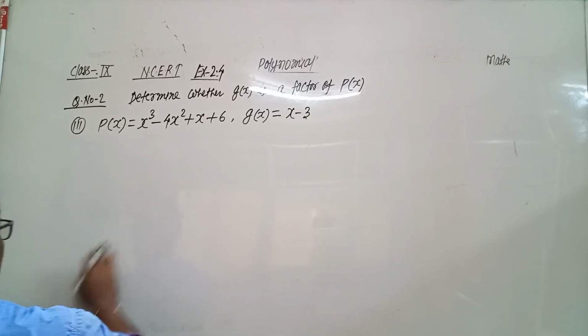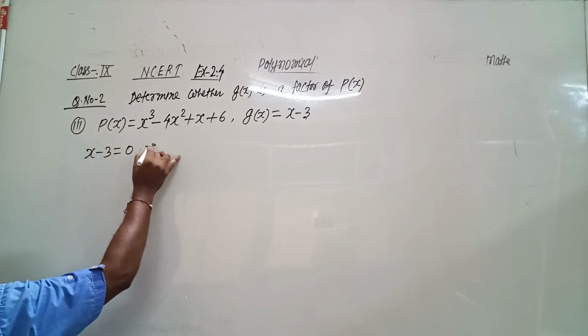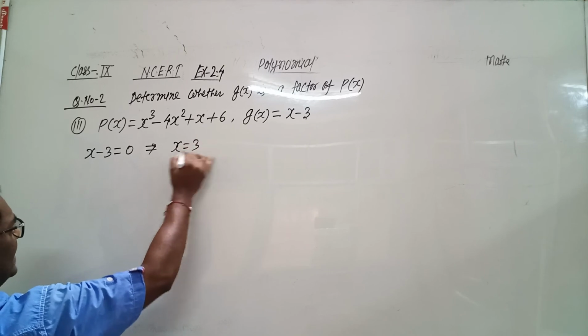So we make x minus 3 equals to 0, and find the value of x.